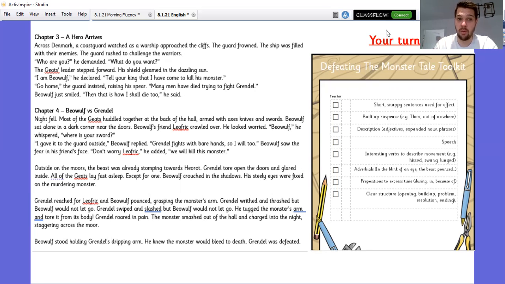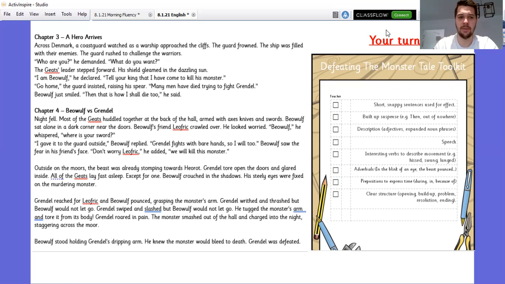Chapter 4, Beowulf versus Grendel. Night fell. Most of the Geats huddled together at the back of the hall, armed with axes, knives, and swords. Beowulf sat alone in a dark corner near the doors. Beowulf's friend Leofric crawled over. He looked worried.